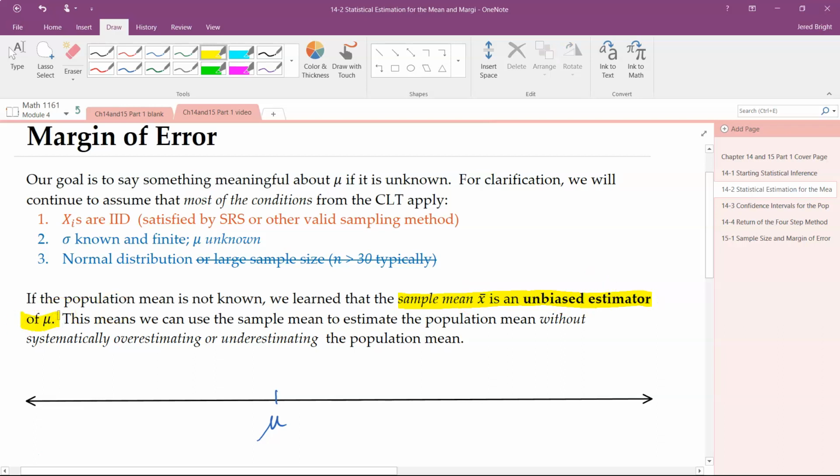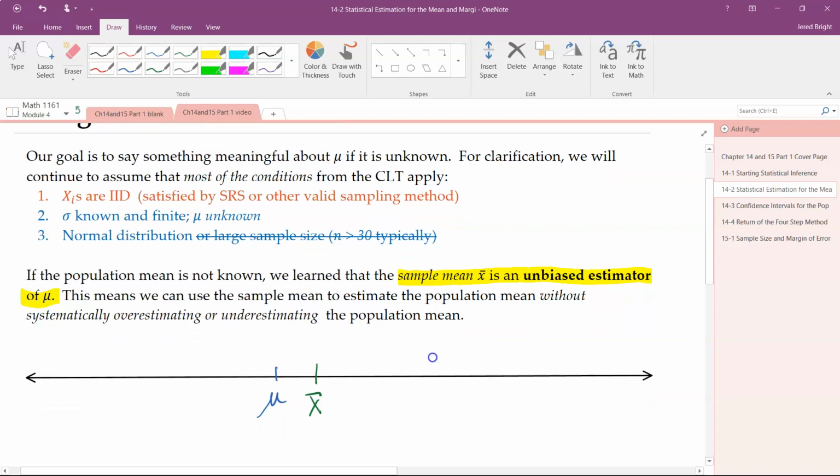It doesn't systematically over or underestimate the population mean. So we can get a sample and compute its mean, call that x bar, and it's going to be close-ish, depending on the type of sample and the variation present in the sample, to the population mean, but it's going to be off.